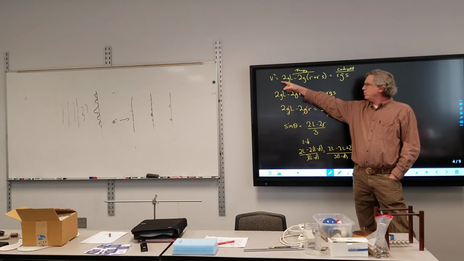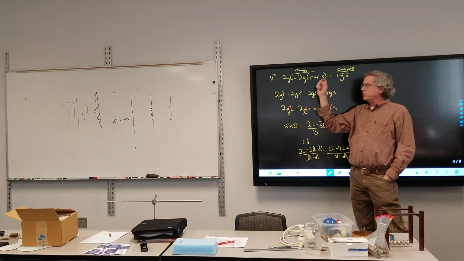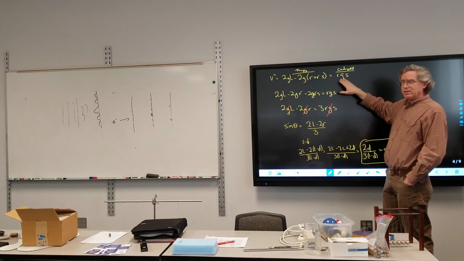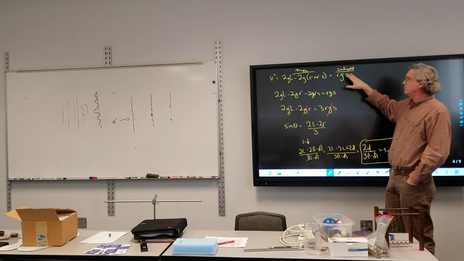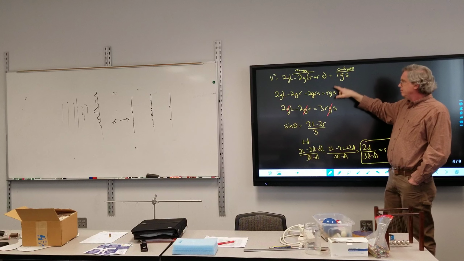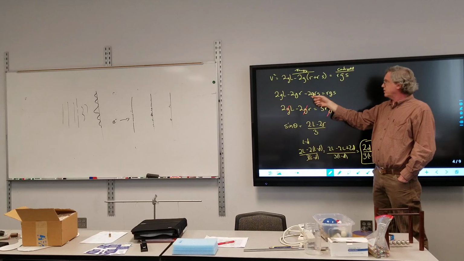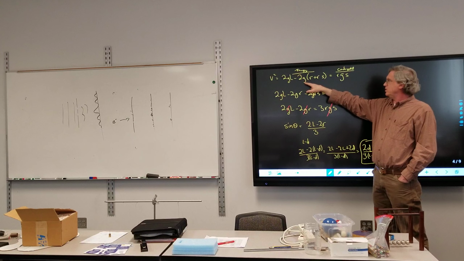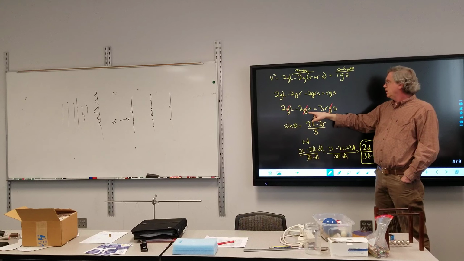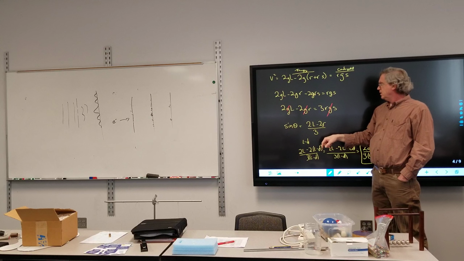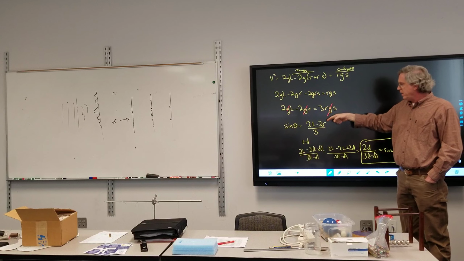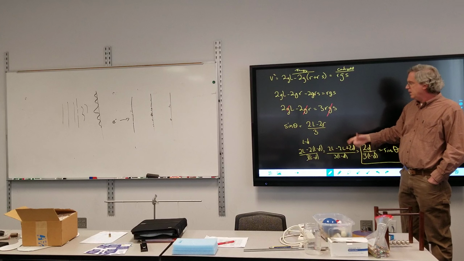So we have two formulas for v squared, and I set them equal to each other. This is what we got from conservation of energy. This is what we got from centripetal motion. Get to here, cancel out, so set them equal to each other. I guess from here to here, I distributed the g, canceled out the g's, and solved for s, which is sine theta, and I get 2L minus 2R over 3.